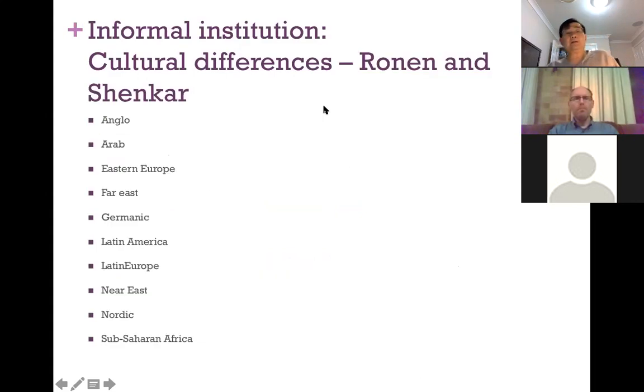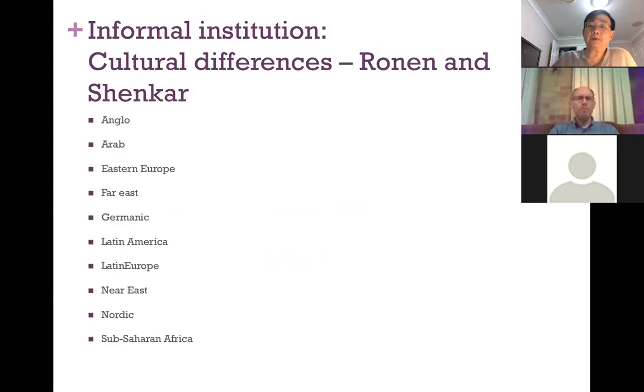Now, Ronen and Shenkar, for instance, group the cultures based on a number of categories here, like the Anglo, the Arabic culture group, Eastern Europe, Far East, Germanic, Latin America, Latin Europe, Near East, Nordic, and Sub-Saharan Africa. So this is basically Ronen's suggestion. We can group people based on these cultures.